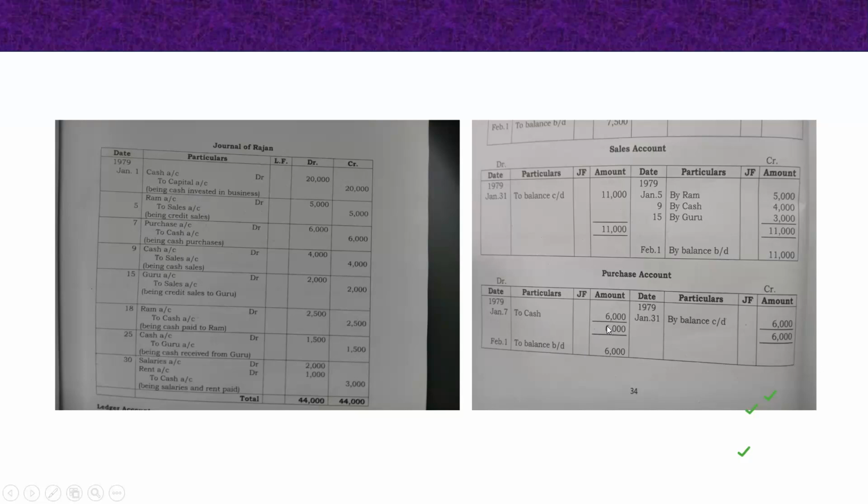So just one entry, 6,000 rupees worth of goods purchased by paying hard cash. That is entered here. Since there is no other entry for the credit column, as I said earlier, take the balance carried down entry here and balance the entry.